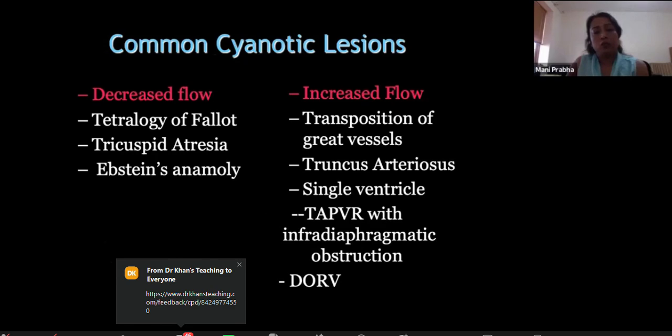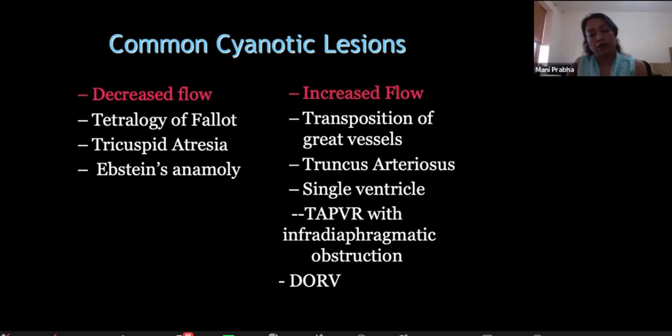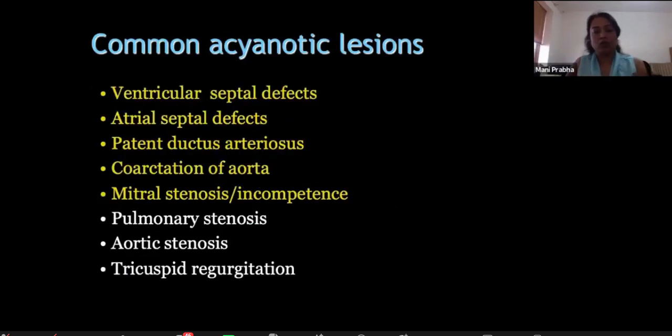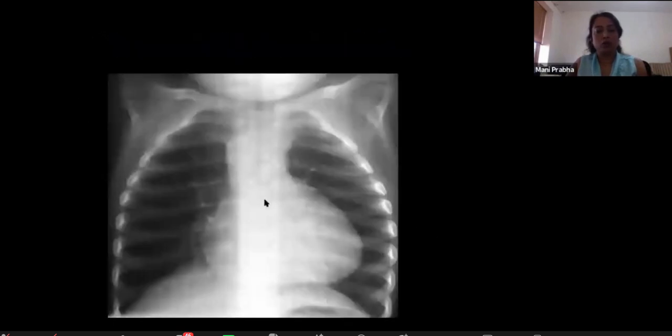With increased flow, it is transposition of great vessels, truncus arteriosus, single ventricle, total anomalous pulmonary venous return with infradiaphragmatic obstruction, and DORV. These are more important from an exam point of view. If you know the appearances of these, you should be okay. So let's start with our first case.